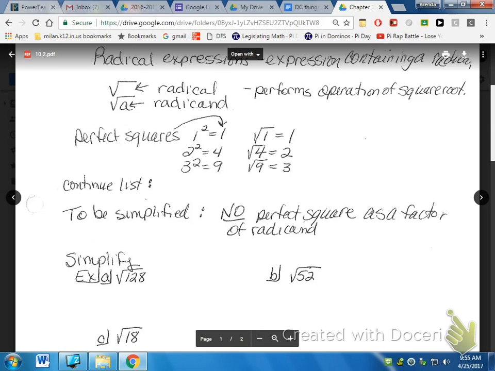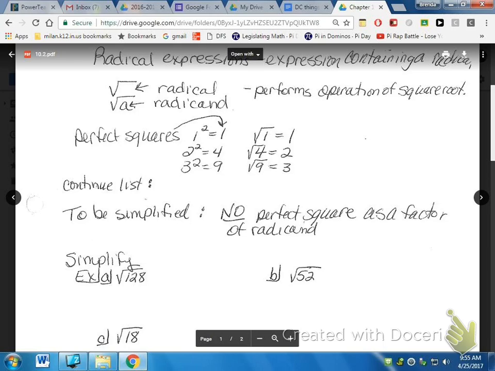And on the flip side of that, if you perform square rooting of 1, you'll come back to the whole number of 1. That one's kind of boring. So 2 squared is 4, and you do radical 4, you get 2. A perfect square is a number when you take the square root of it, it gives you a whole number. There's only so many of those, and it's important that you know those.